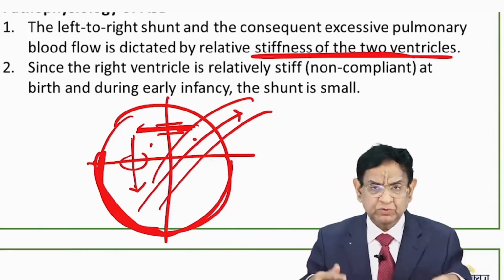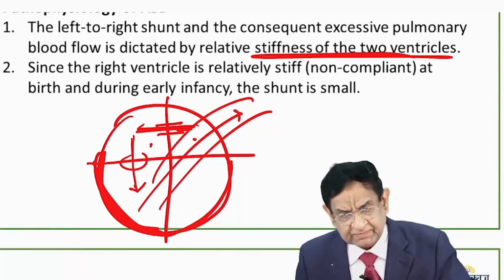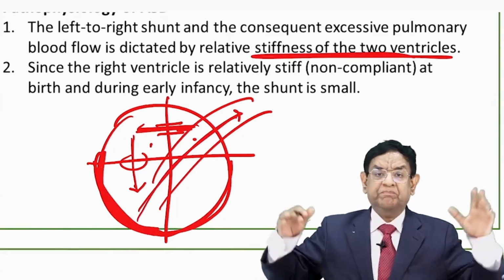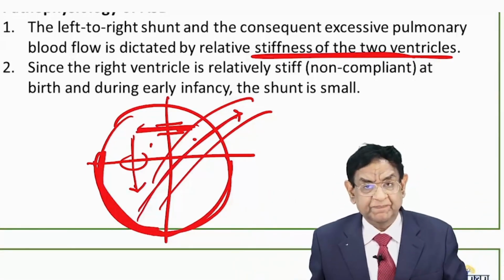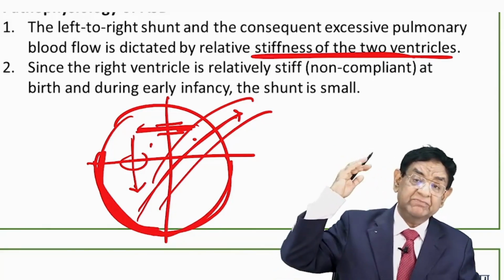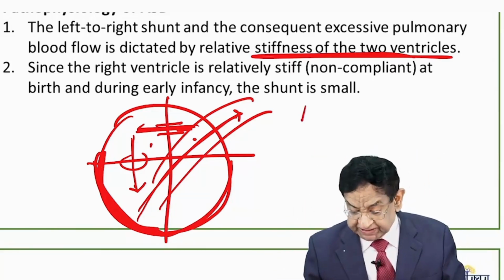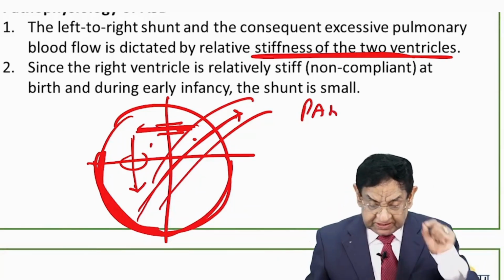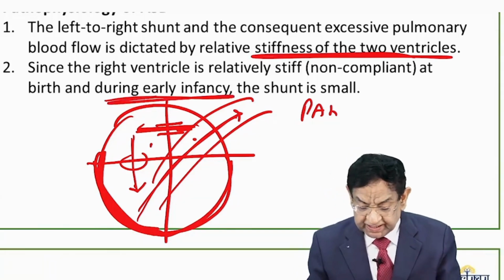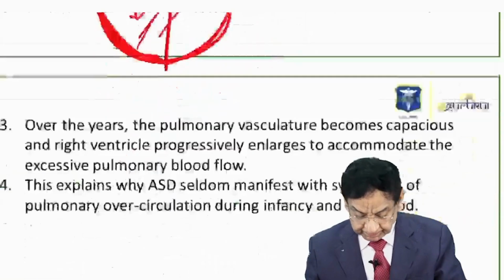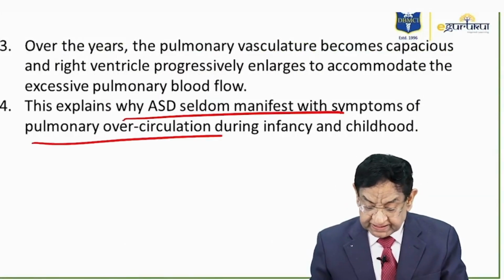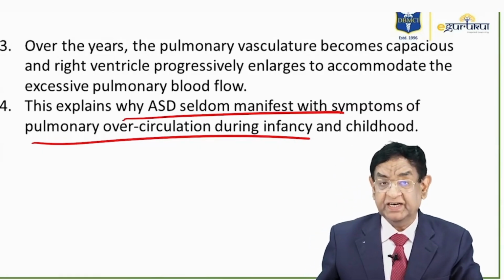For the first 2-3 years, the distensibility is the same. Later on, blood will start going, and we know that the pulmonary artery is very distensible. It will accommodate. Once the accommodation fails, then PAH occurs. This is the reason that these children do not have problems in early infancy. So that's why in ASD they hardly manifest in early childhood.